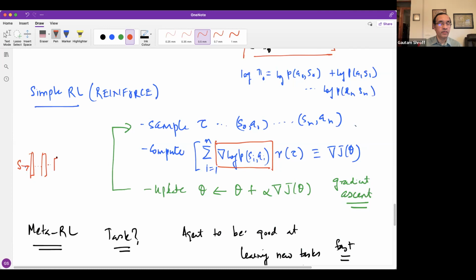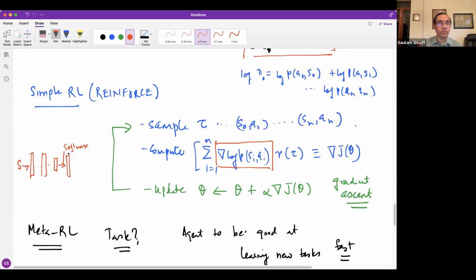Finally, there'll be a layer which will then produce a softmax.